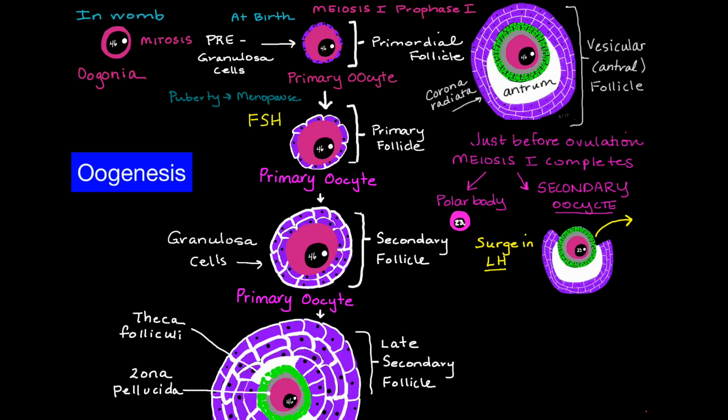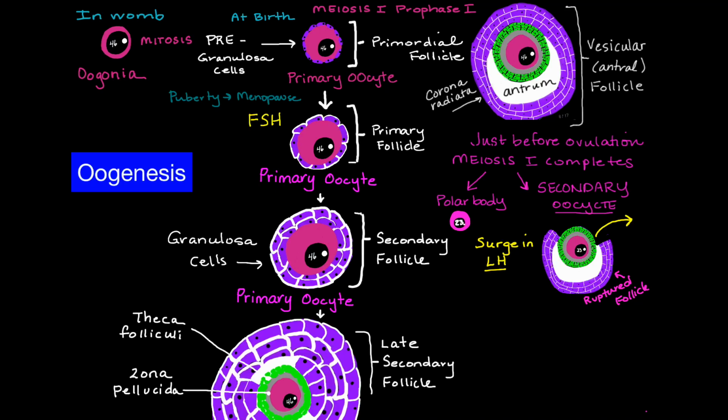As soon as that secondary oocyte leaves, what we're left with in the ovary is a ruptured follicle. Those multiple rings of granulosa cells still hang around, and that's really important because they're going to turn into a structure that takes over producing different hormones. Okay, so we've got our ruptured follicle.